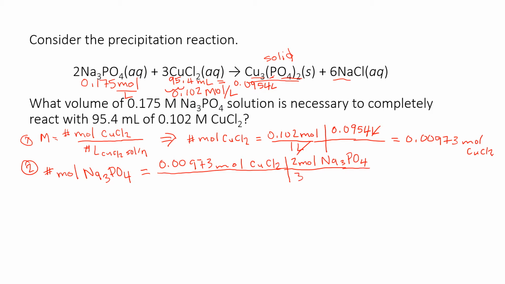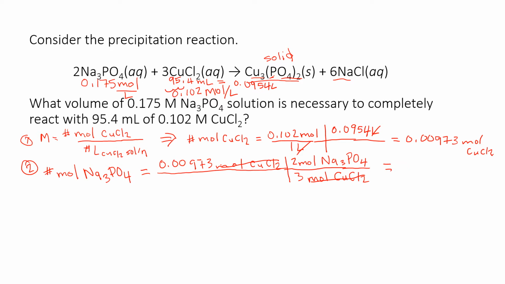So it's a 2 to 3 mole ratio. So we utilize the mole ratio to go from moles of copper 2 chloride to moles of sodium phosphate.